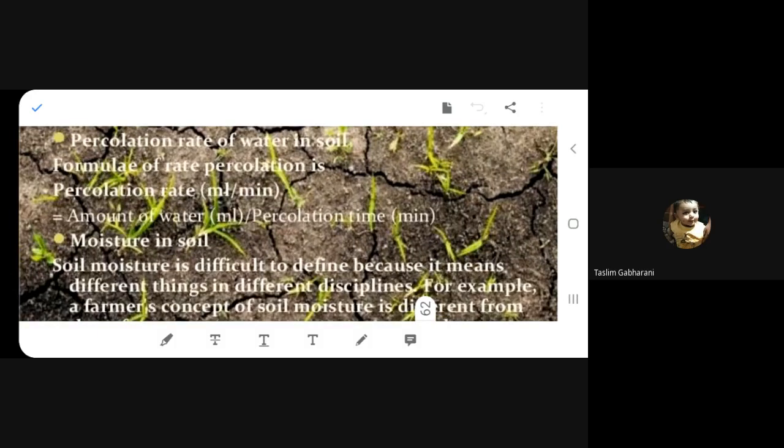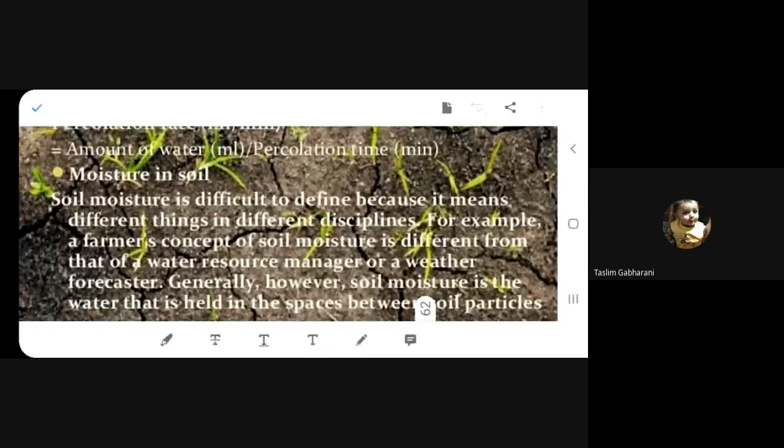Now we come to soil moisture. Now how do I define it? Because we know that the definition of soil moisture changes according to the people who are using it. For a farmer, the soil moisture is something different as compared to a weather forecaster. For a weather forecaster, moisture will be presence of water vapor in the atmosphere, isn't it?